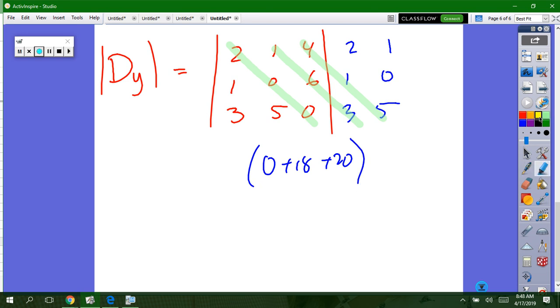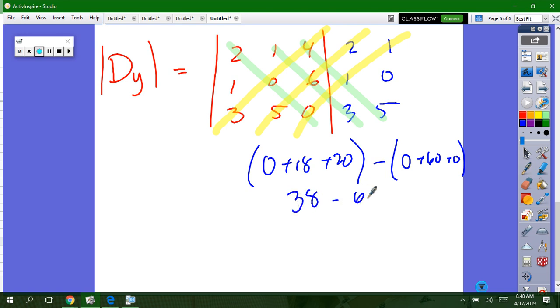Now on our backward slashes, 0, 60, and 0. Either way, not too hard to take it the whole time, right? Okay, so therefore I have 38 minus 60, getting negative 22.